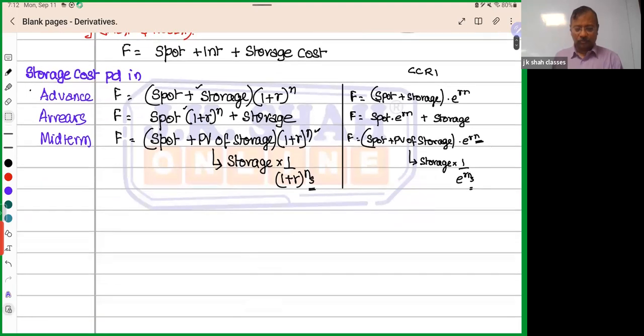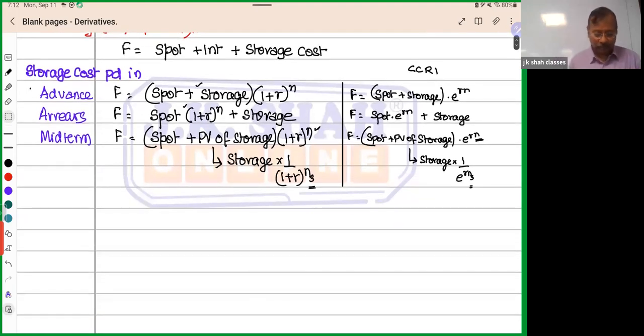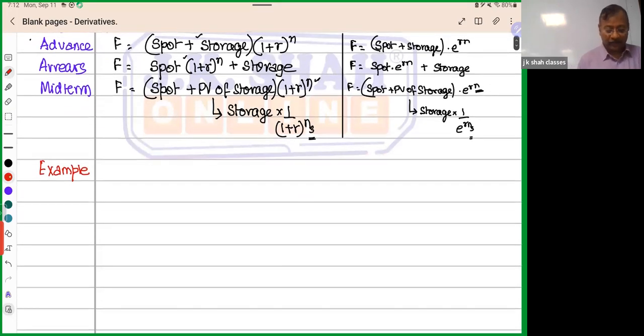So, example, let's say spot price is rupees 400.